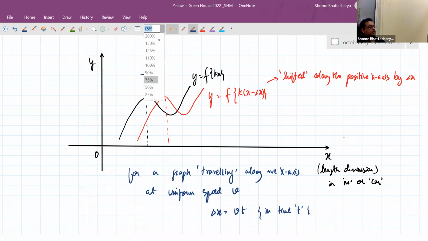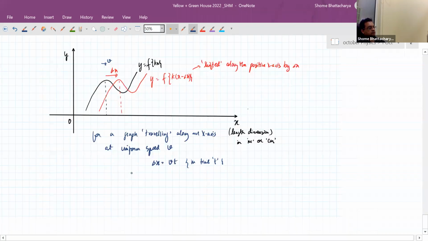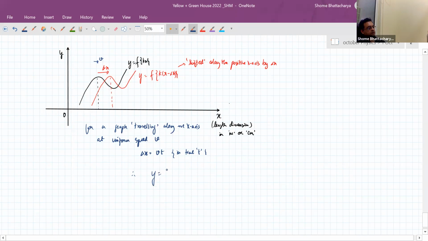So the equation of that shifting graph becomes f of k into x minus vt, or we can write it as y is equal to f of kx minus omega t, where omega is a constant.